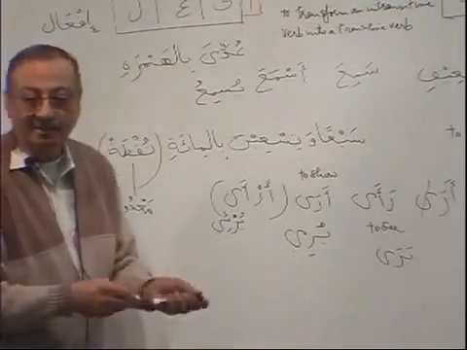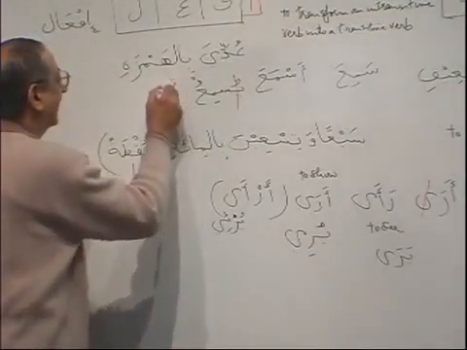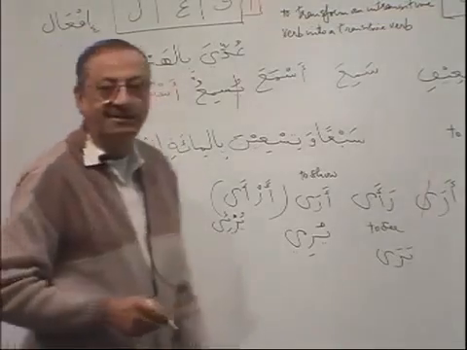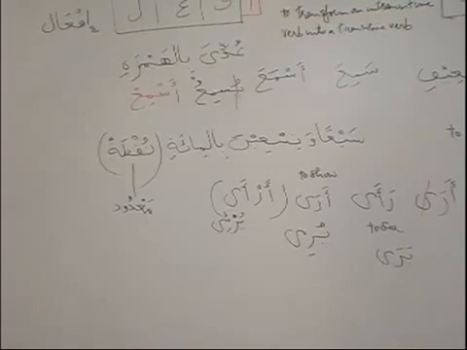What will be the amr? Asmi'. Asmi'ni. Make me hear. You make me hear. Here, the ni is mafulun bihi number 2. Did you get it, brother? Asmi'ani. You make me hear.